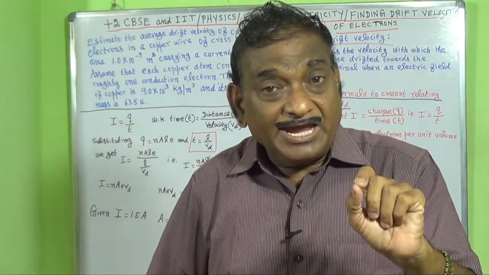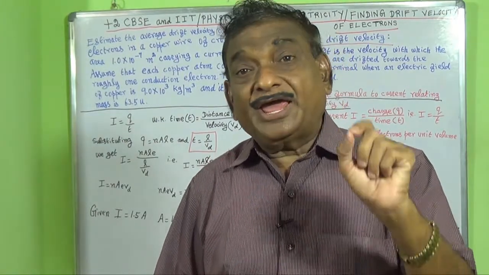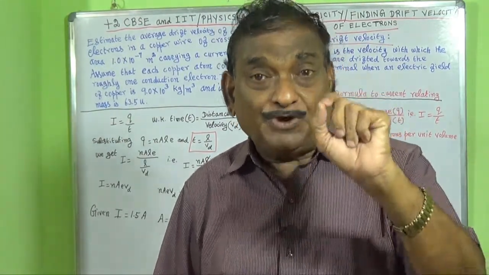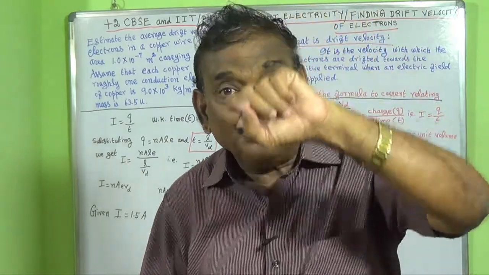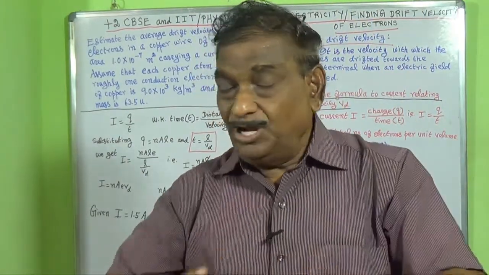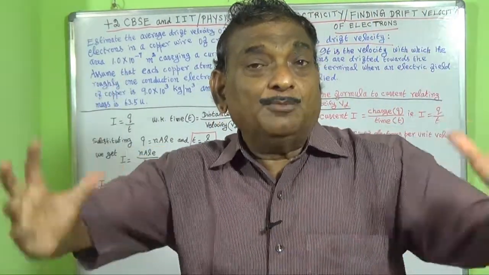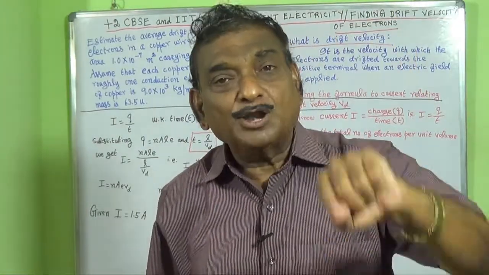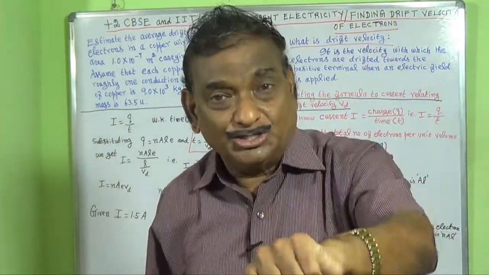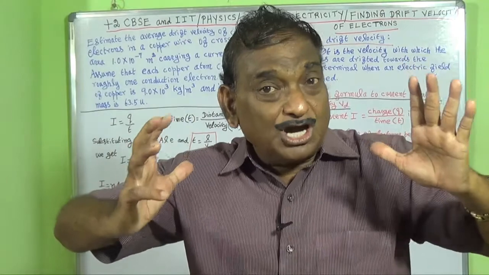Now we have the formula to find the total number of electrons. But we don't need the total number of electrons. We need the formula for the total charge. How can we get the total charge?